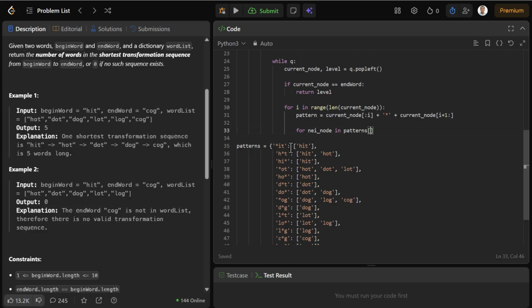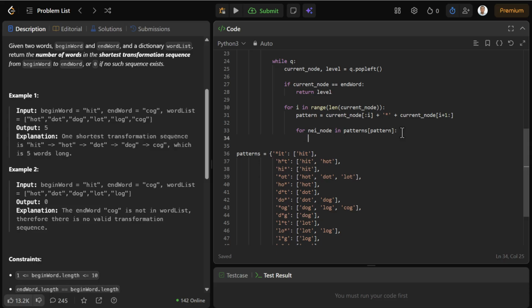So for each of the patterns, for example, if I'm looking at star IT, then I want to look up the pattern here. I already have the list of the patterns here. So for each of the patterns, for example this one, it's going to grab this list. We only have one word here, which is hit.